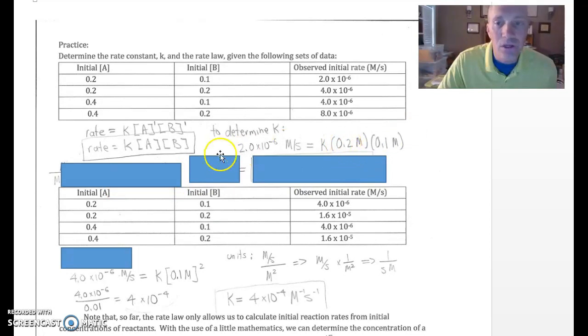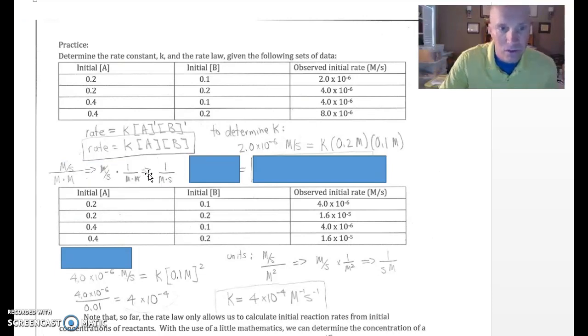The numbers part I'm assuming you guys can do, but let's take a look at the units. This is a molar per second, but we've got a molar and a molar over here. Multiplying these by each other, that would be a molar squared. And we're going to eventually take that to the other side.